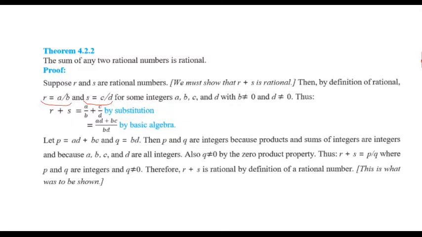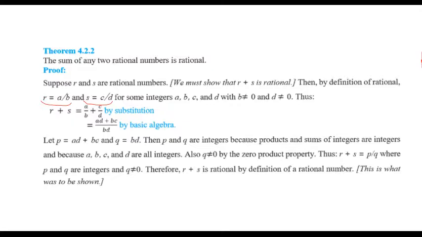So r plus s becomes a divided by b plus c divided by d, because we substitute r and s with their respective values.